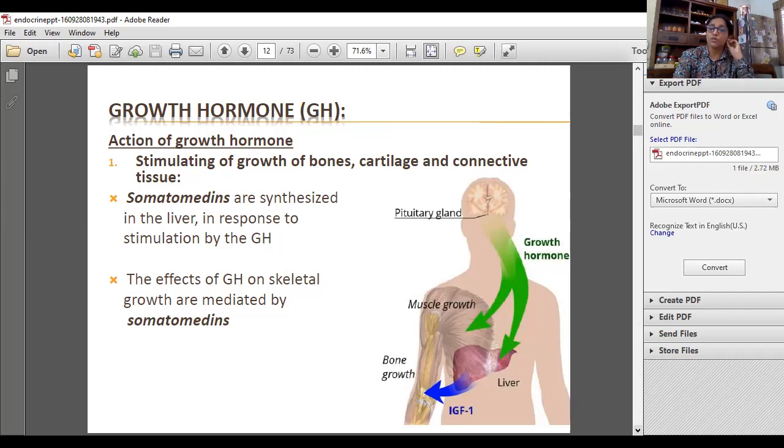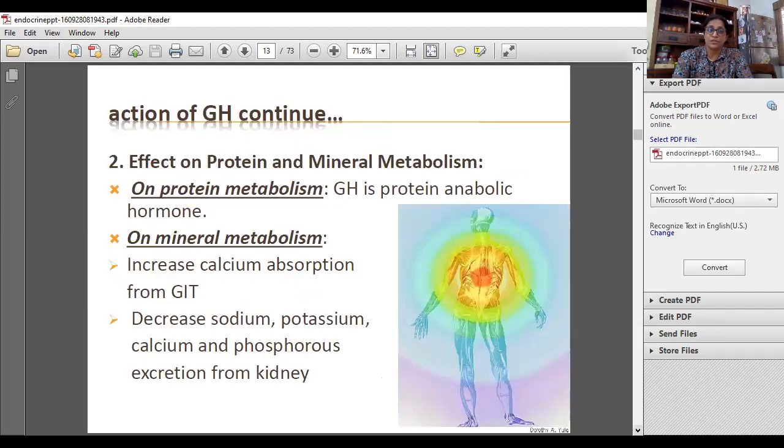And the effect of the growth hormone on the skeletal system is mediated by these somatomedins. It means that in the process of growth of the bony structures of the skeletal system, the liver plays an important role. So we have to understand this from a clinical point of view, that a healthy liver with healthy secretory functions is so important in children.